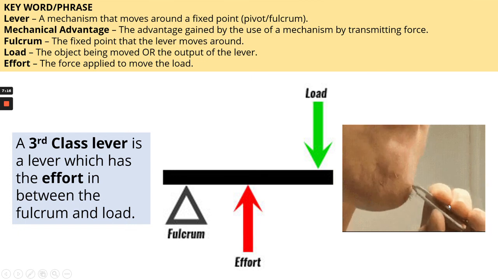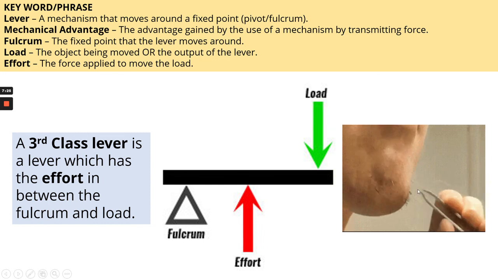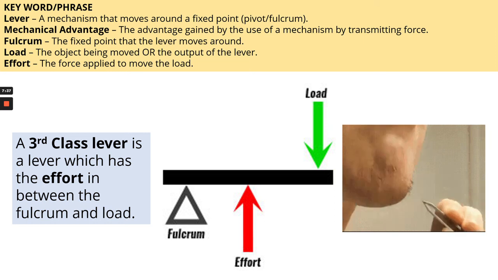And I'll explain why. It's not about left to right. The way I've labelled it makes it look like the effort is in between the fulcrum and the load. But on the hammer, you've got the effort on one side, the fulcrum next, and then the load. So if the fulcrum's in the middle, it's a first class lever.